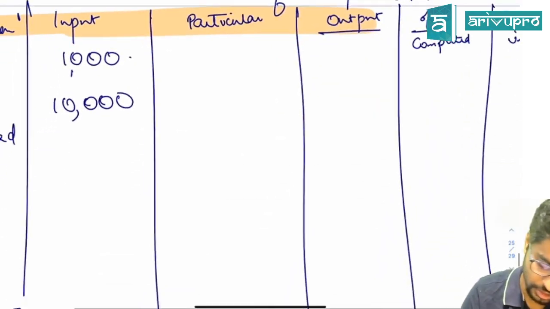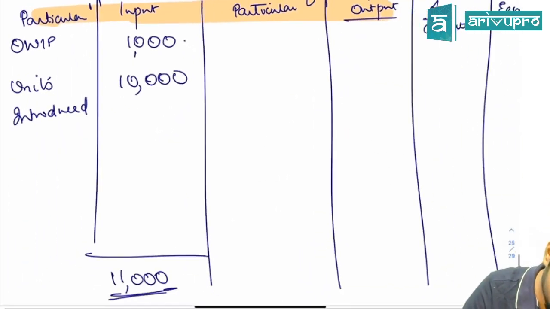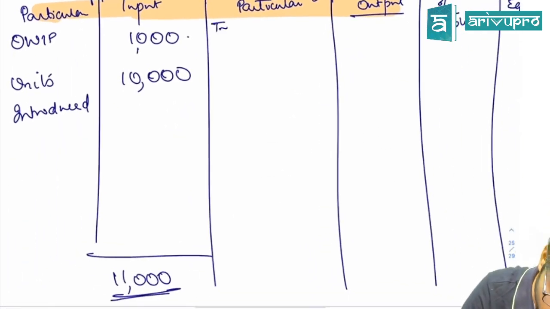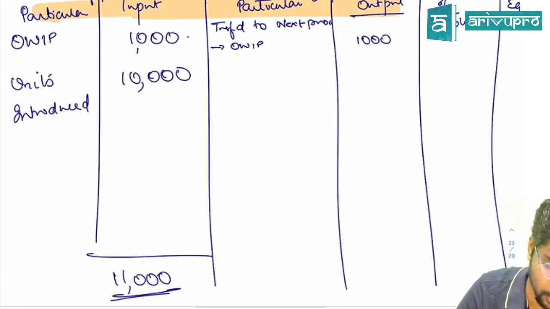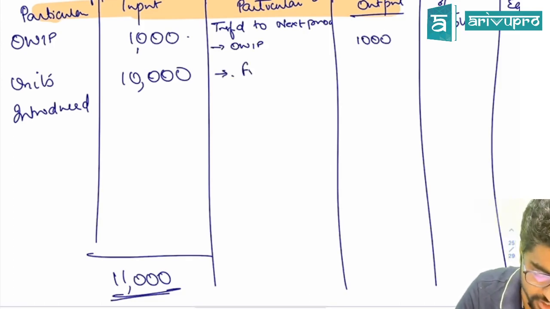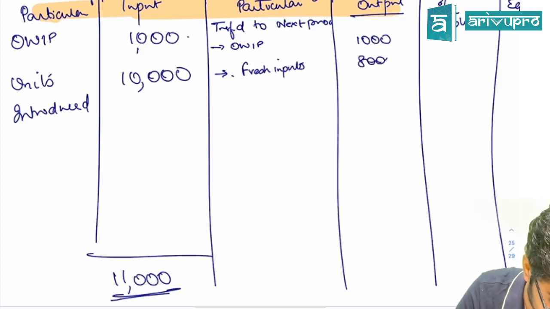No problem. So when I go to my output, see here, I'll write transfer to next process, out of which opening WIP is 1000 and my fresh inputs is around 8,000.